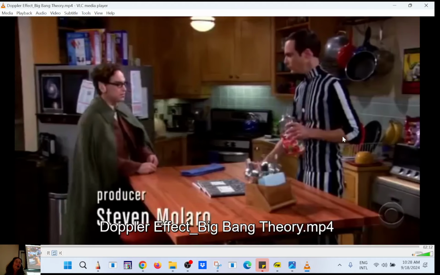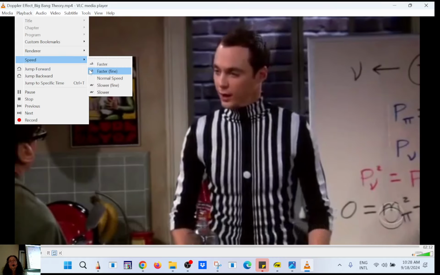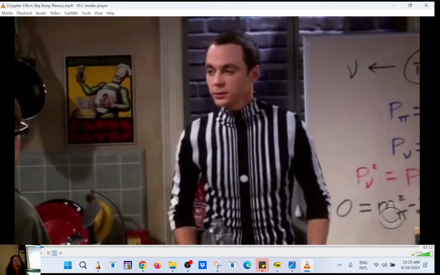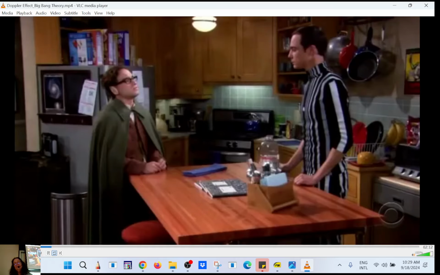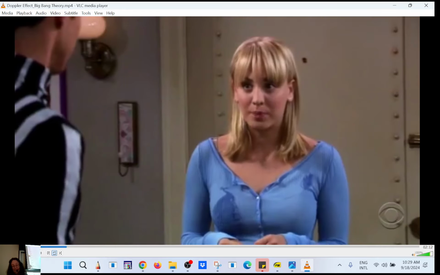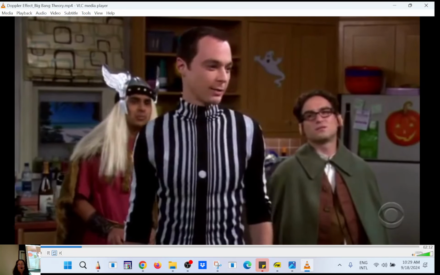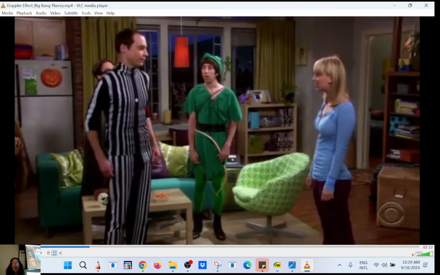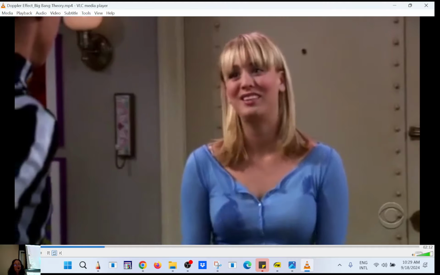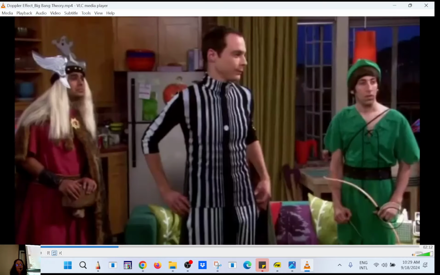So I'm going to talk fast. I don't care if anybody gets it. I'm going as the Doppler effect. No, it's not about you. I can demonstrate. So what time does the costume parade start? The parade? Yeah, so the judges can give out prizes for best costume. Most frightening, most authentic, most accurate visualization of the scientific principle. Oh, Sheldon, I'm sorry, but there aren't going to be any parades or judges or prizes.